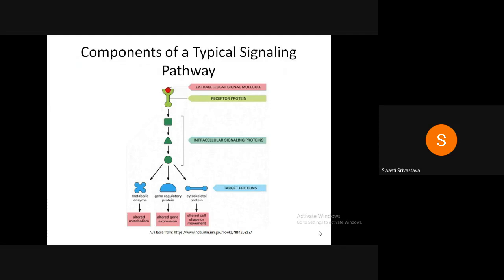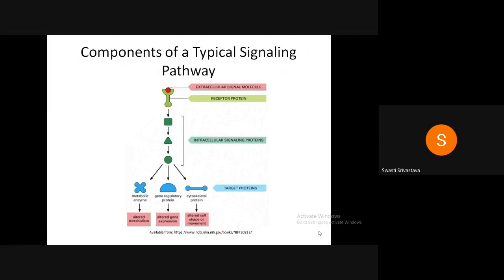The signal will be received on a receptor protein, and from here it will be passed on to the cell interior. For passing on to the cell interior, it may generate one or more intracellular signaling proteins or molecules that pass on the message from one molecule to the other. These are the proteins or molecules generated within the cell.